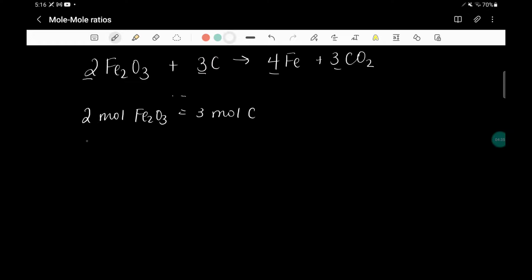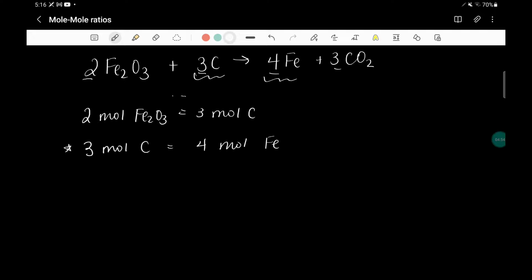And similarly, I could look at 3 moles of carbon. That would equal 4 moles of Fe.